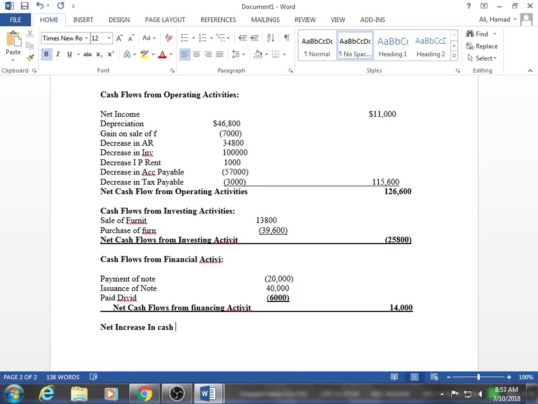If it's positive, that means an increase. So first, net cash flow from the three of them, the overall balance. How much? 114,800 positive.